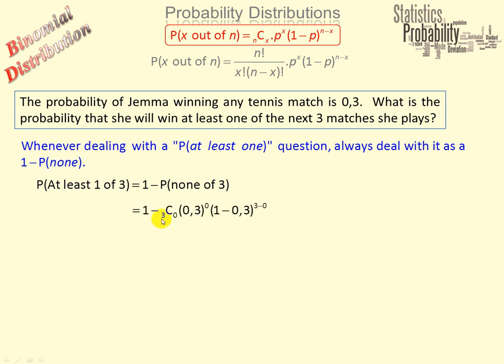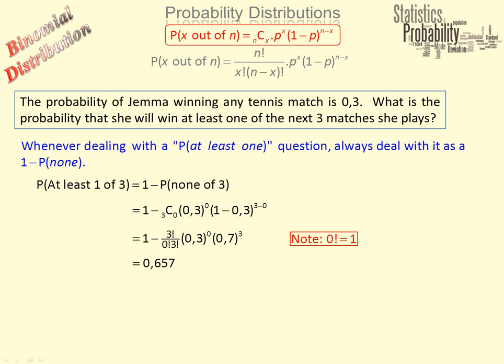So there we are. 3C0, 0,3 to the 0, because that's the probability of winning none, and 1 minus 0,3 to the 3. 0 factorial equals 1. So 0,657, that's quite interesting.